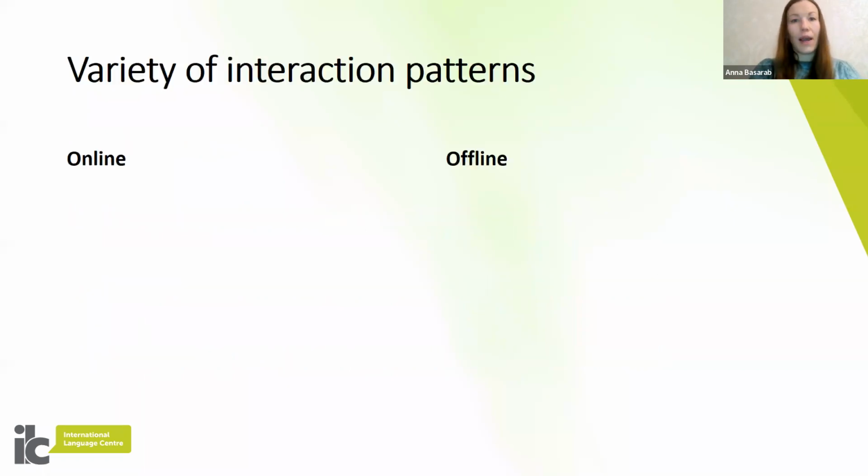So how does a variety of interaction patterns actually change our life? Okay, so it could be pair work. We talked a little bit about that. Students should work in pairs, should check in pairs before you collect feedback. They can do group work. It's also a good idea.